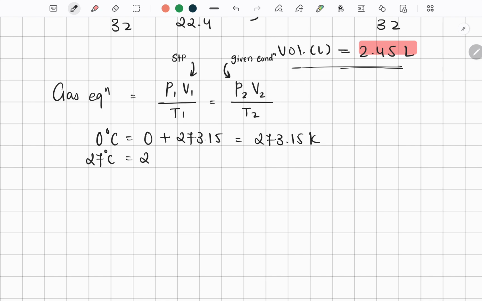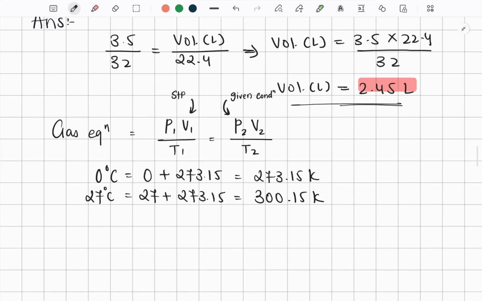Just add 27 plus 273.15 and you'll get the temperature in Kelvin. Okay, so 27 degrees Celsius is nothing but 300.15 Kelvin. Now, out of 6 quantities P1, V1, T1, P2, V2, T2, we know 5, so we can calculate the sixth one, which is the volume at given condition.